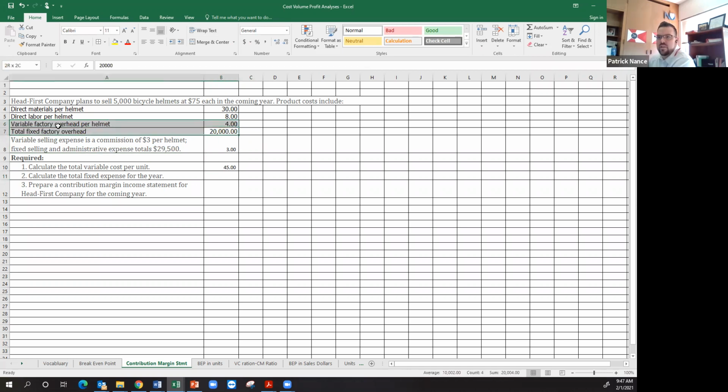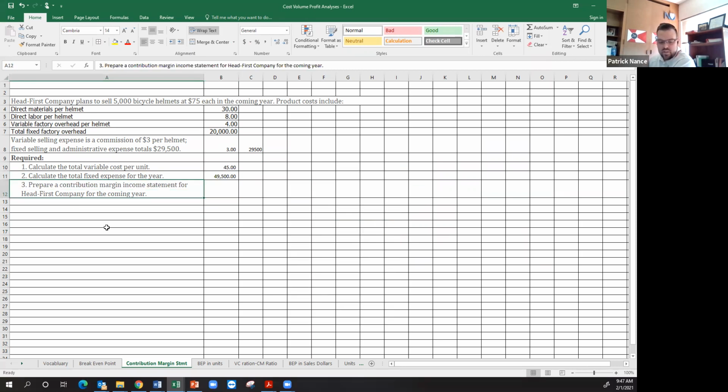I've got the obvious one here, the total fixed factory overhead of 20,000, but it also says there's a fixed selling and administrative expense of 29,500. So I add the 20,000 plus my 29,500, which equals 49,500. So that's my total fixed cost. All right, so that's the second part of this problem.